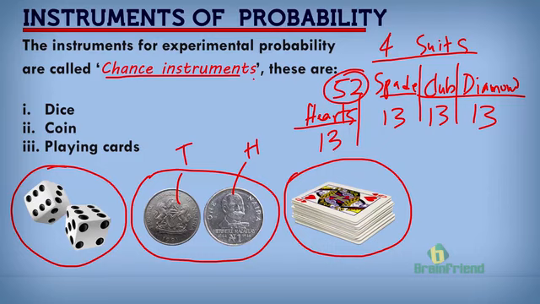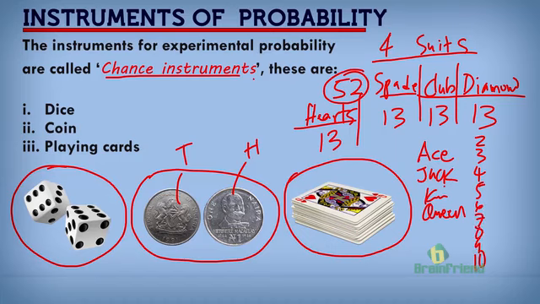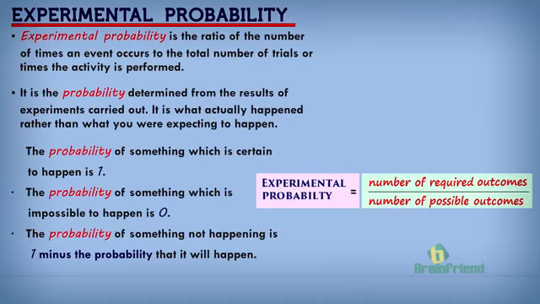And in that deck, each suit has ace, jack, king, and queen, and then you have numbers 2 to 10. It's important you know this information concerning a deck of cards. In the course of probability, you may be asked questions that have to do with cards. So get familiar with a typical pack of cards.